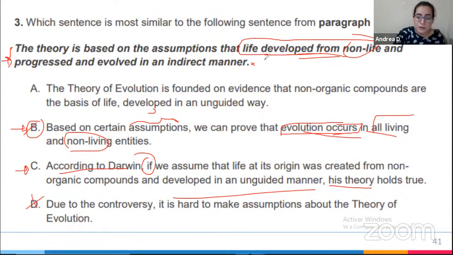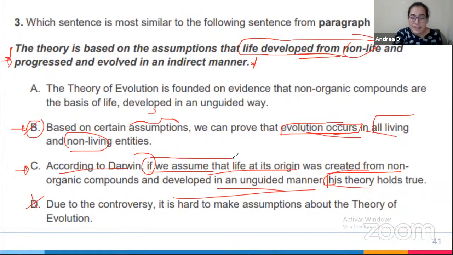That's something that we don't have here. It's not even the same structure. So this is not like a conditional thing. We're not really conditioning anything. We don't have evidence to prove that his theory would hold true given this, right? It's a different structure. And even though it has a good synonym of everything, it's adding something that's not there. We don't know whether his theory is going to hold true or not, and we don't know about this condition here.